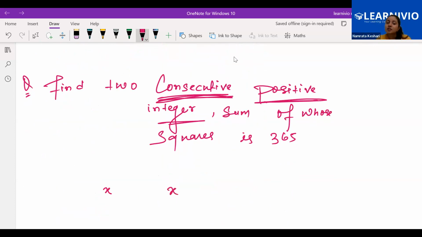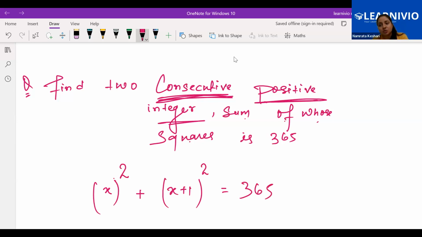Exactly, x and x plus 1. Sum of whose squares. We will be finding the sum, but sum of what? Sum of the squares of our assumption. That is equal to 365. And we are done with framing the equation.